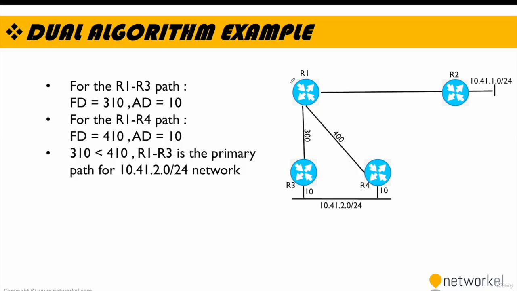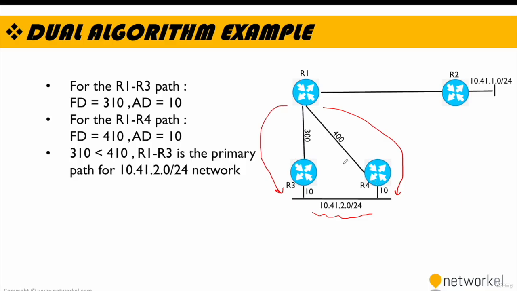From router 1, if I would like to reach the 10.41.20 network, which path should I use if I'm using EIGRP? That is the question. There are mainly two paths, the first one here and the second one here. This is how I calculate the best path for EIGRP using the DUAL algorithm.